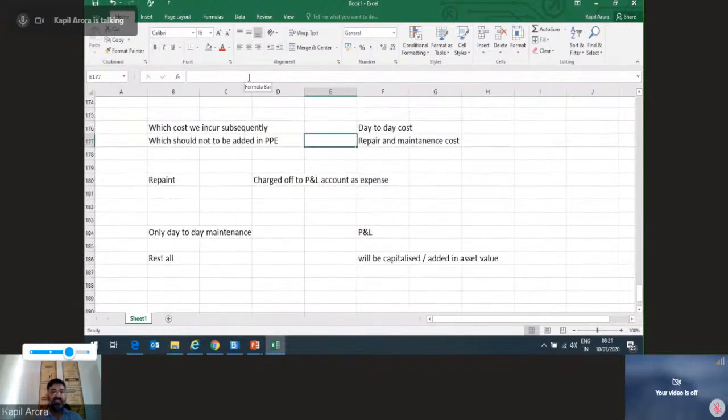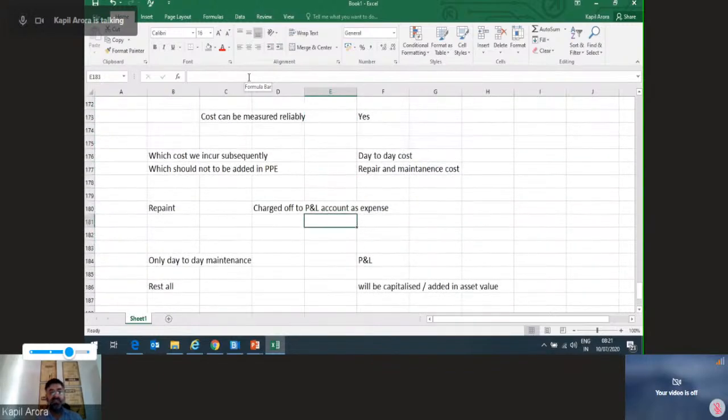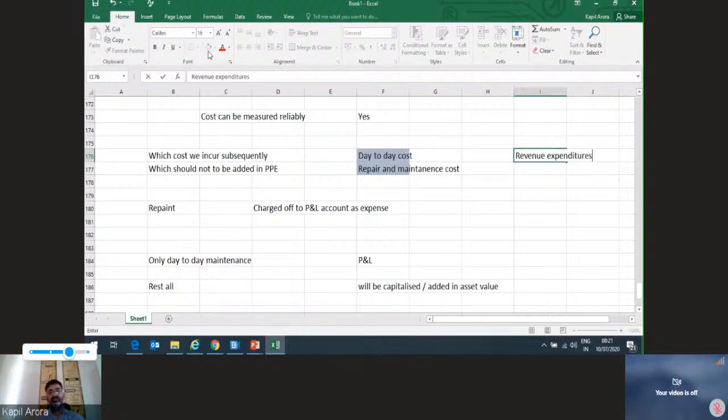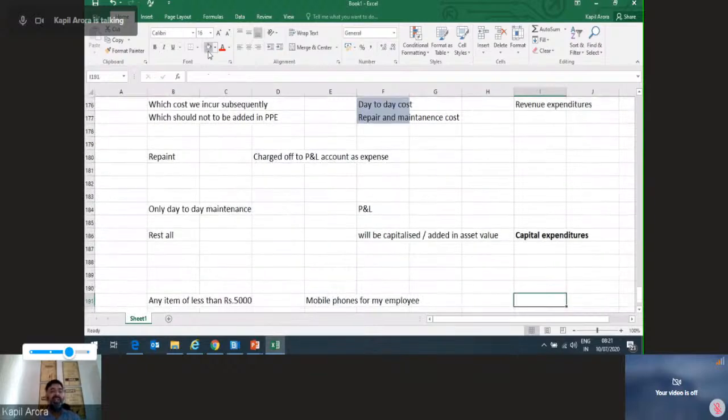Coming back to this, the day-to-day cost which we are incurring here are revenue expenditures, and the rest all which will be added in the value of asset are known as capital expenditures. So you need to see whether you are going to add that in the value of asset.